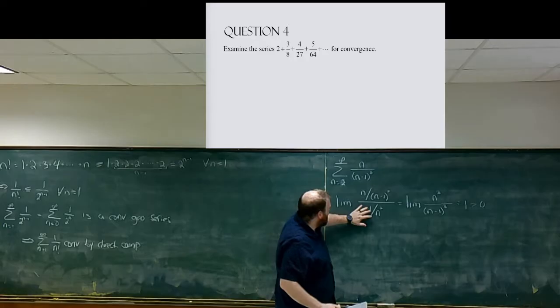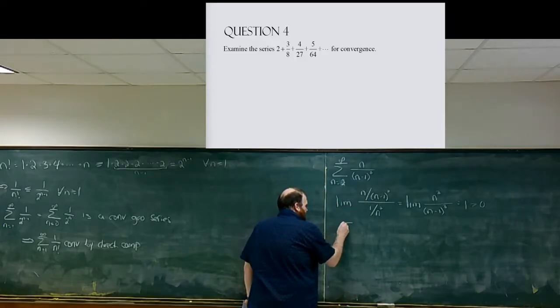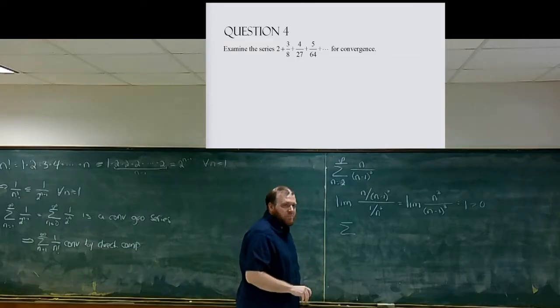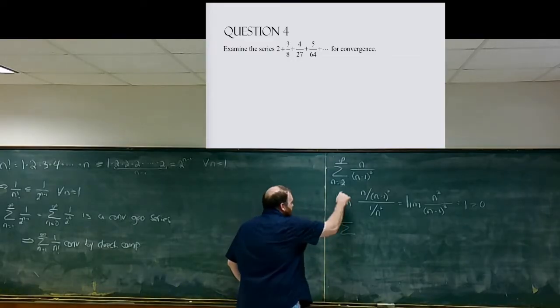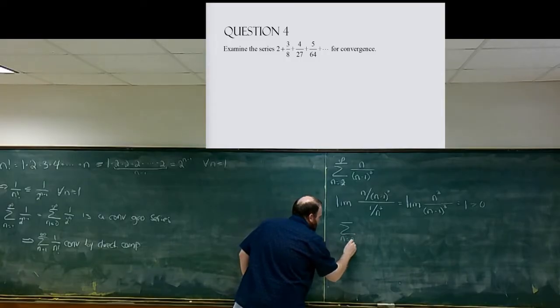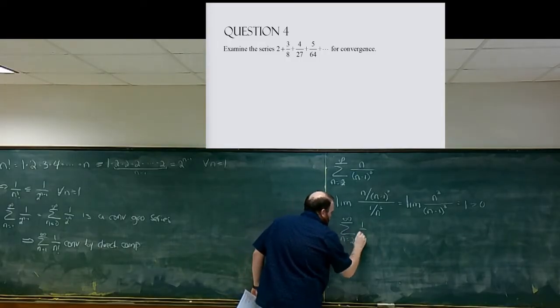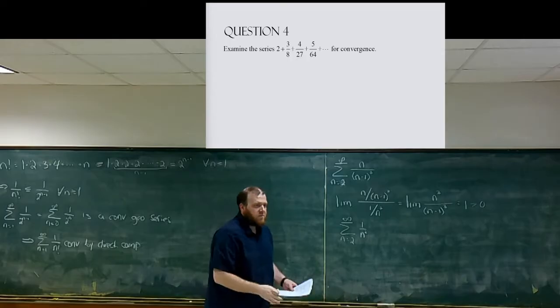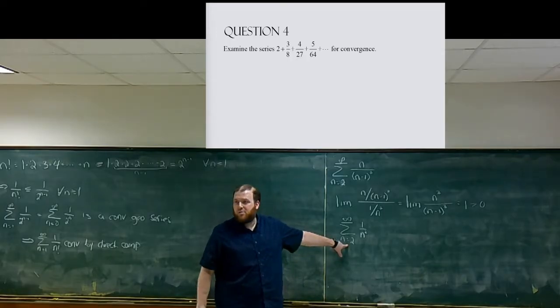So this series is going to do whatever this series does. So we have to look at that series. But there's a problem. N starts at 2. Which means what I'm looking at has to start at 2.